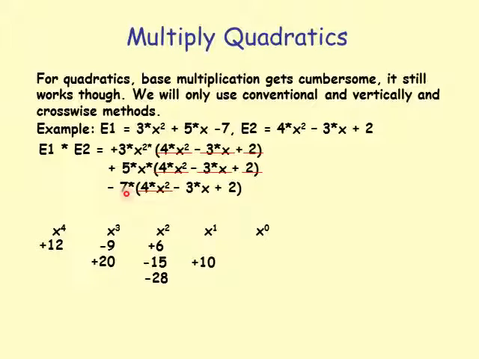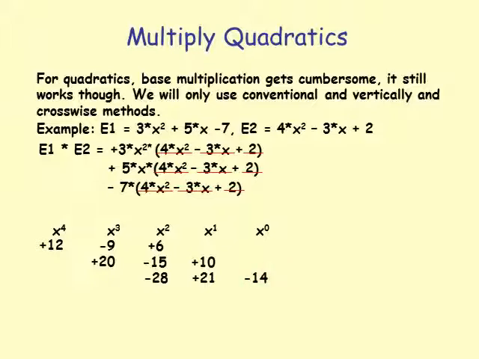Minus 7 times minus 3 is plus 21x, so we got a plus 21 under this column. Now minus 7 times plus 2 is minus 14. It's a constant term, so under x0 we get minus 14.